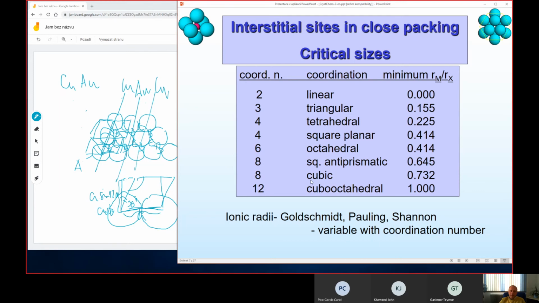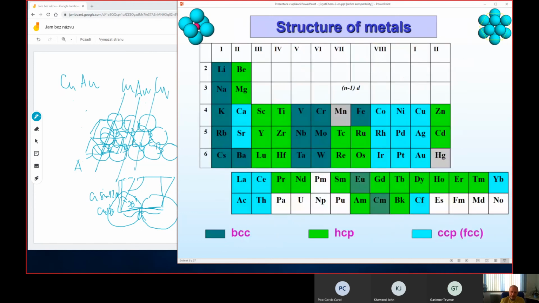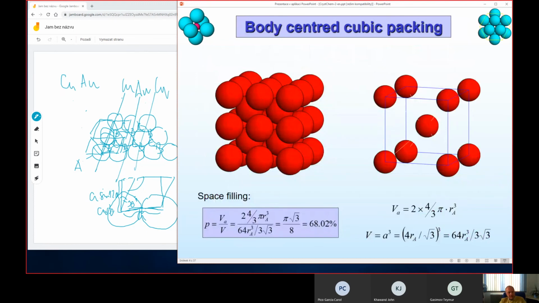So if we substituted the atom in the BCC structure by another atom, we would require this eightfold coordination number. Perhaps I didn't explicitly mention that in the BCC structure, the coordination number is 8, which means smaller compared to the HCP or CCP structure.